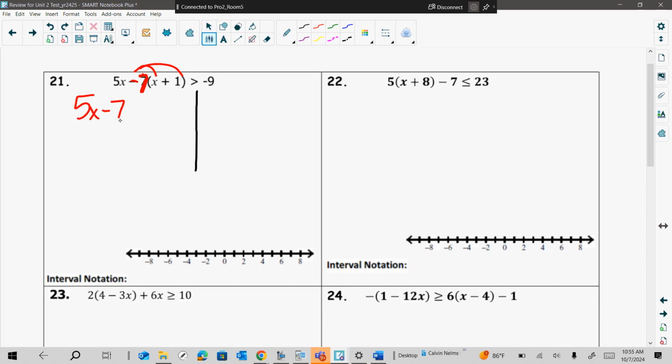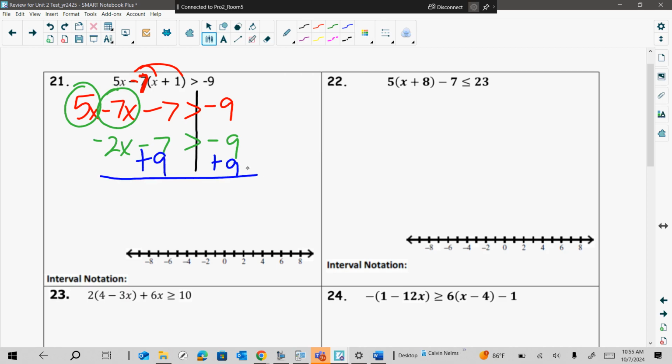Minus 7x minus 7, greater than negative 9. Combine your like terms. You get negative 2x minus 7 is greater than negative 9. Plus 7 on both sides. Negative 2x is greater than negative 2.